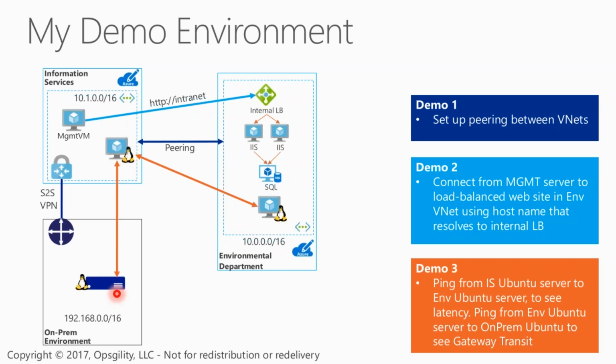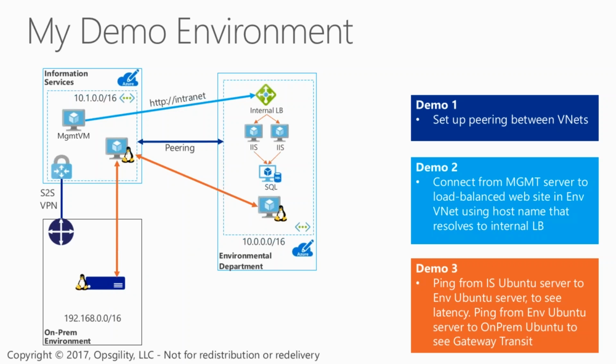You'll see that latency is quite a bit higher because it's a traditional site-to-site connection. And the last thing I'll do is SSH into the Linux server in the environmental department, and ping this Linux server on premise, and that's going to demonstrate the VNet gateway transit that is enabled.